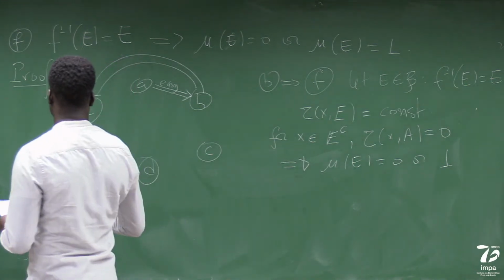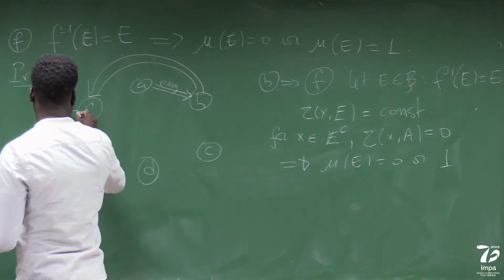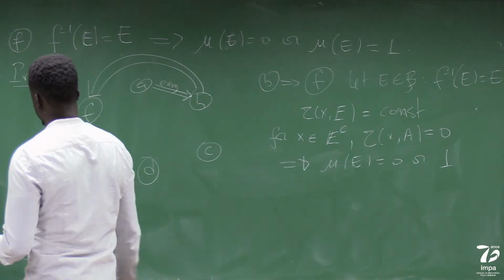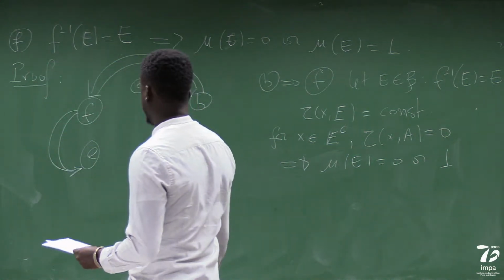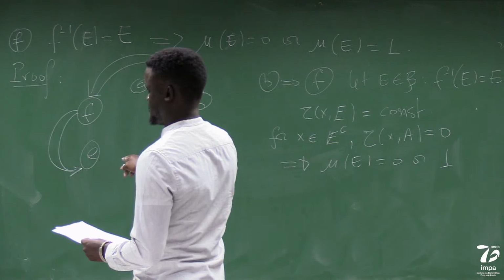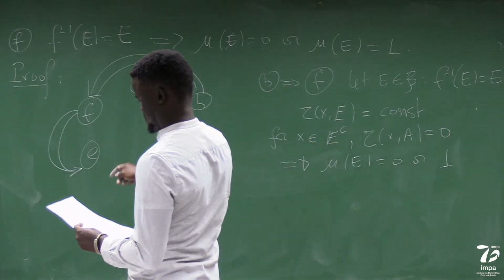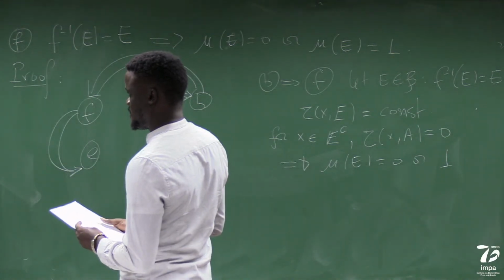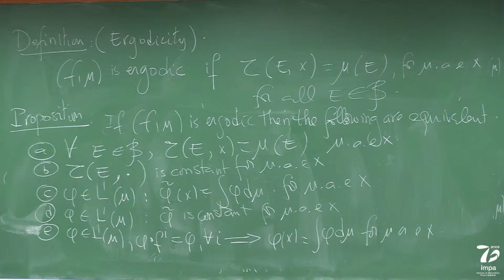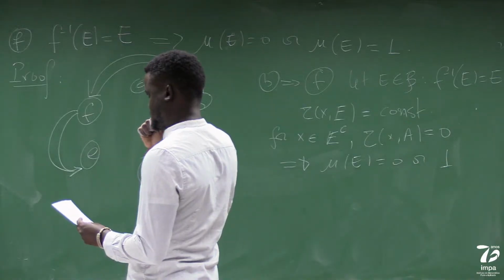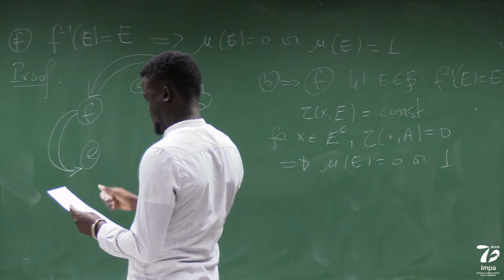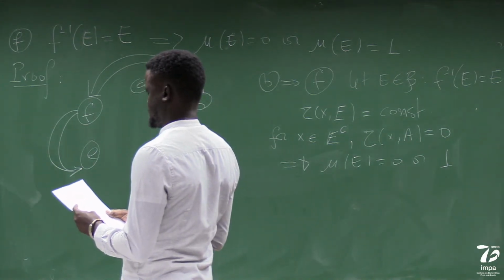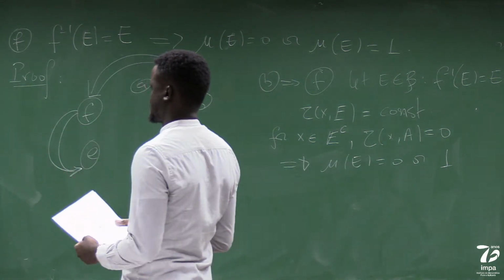And see that we have F implies E. What is F? F implies E. E tells you that invariant functions are constant. So you want to prove that this function is constant.